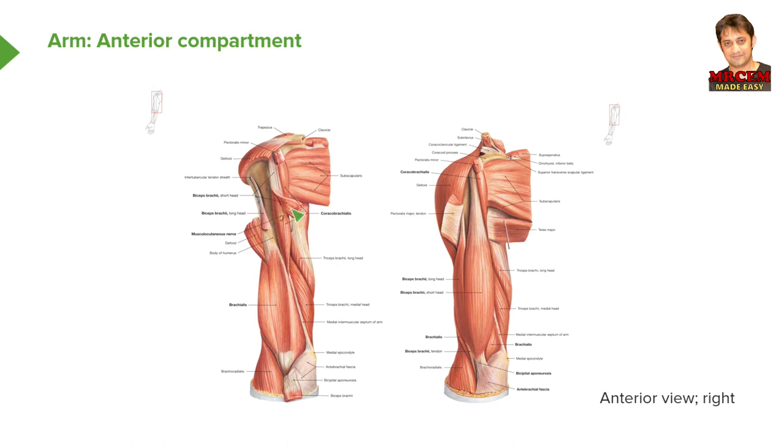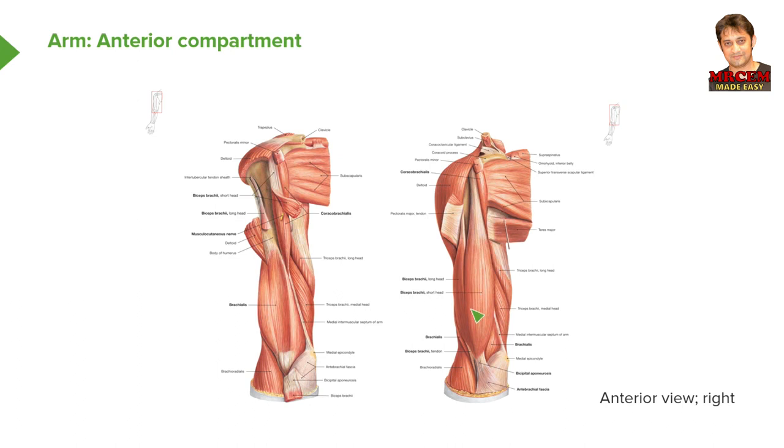We can also see the short head of biceps here. The muscle belly of biceps is in place here, and we've removed it on this picture to see brachialis lying underneath. So hopefully you can appreciate that brachialis is sitting directly deep to biceps brachii muscle.